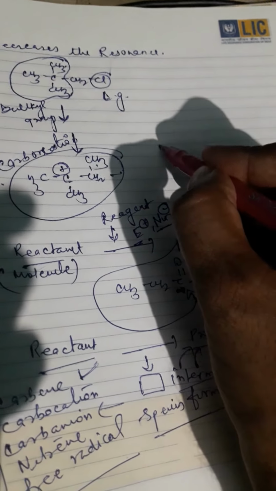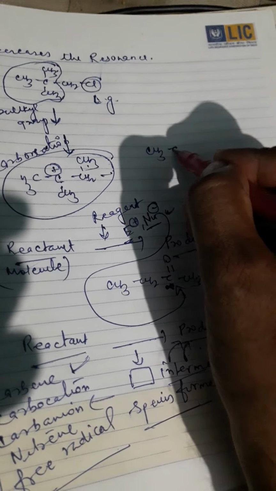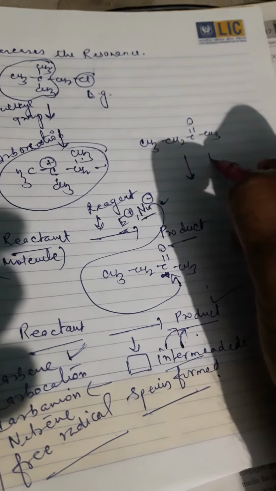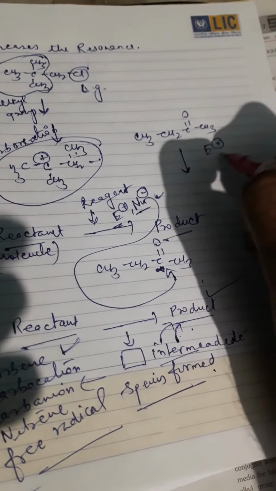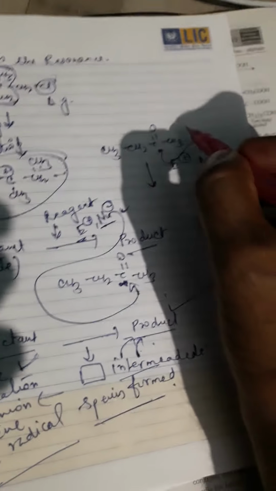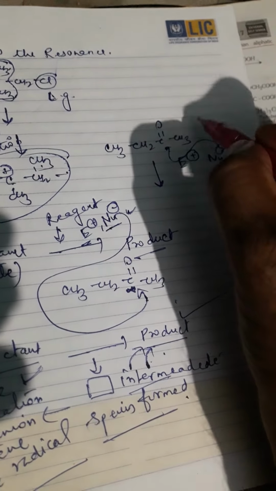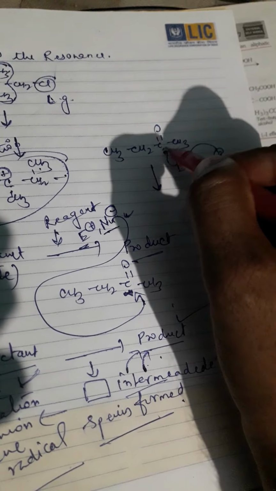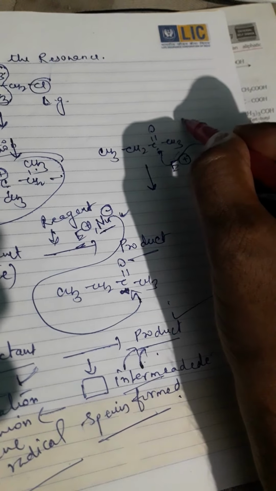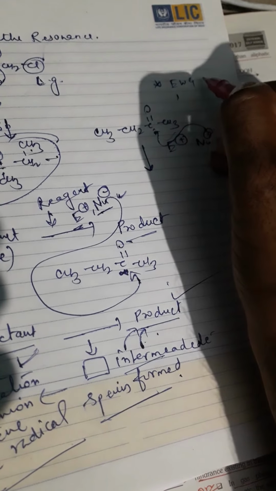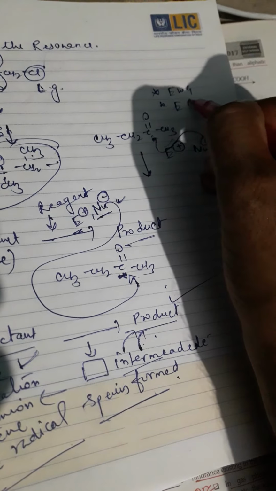For this one, suppose that this is the molecule. Okay, here what happens: some electrophile, suppose that this is the reagent, either electrophile or nucleophile, it will attack here. So some groups proceed the reaction, means nucleophile will attack very easily. There are two types of groups, electron withdrawing groups and electron releasing groups.